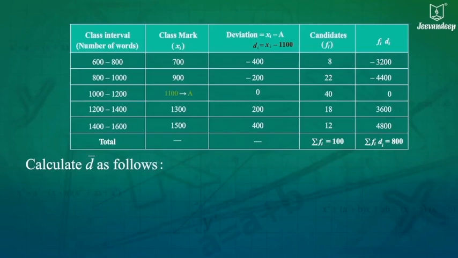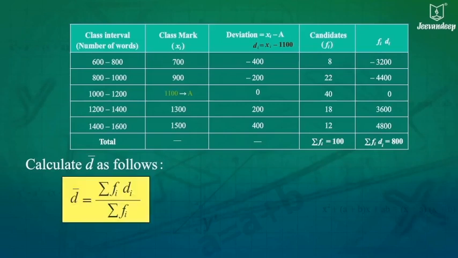Calculate mean deviation as follows. d bar equals sigma fi di upon sigma fi. Putting the values in the formula, we get 800 upon 100, that is 8.